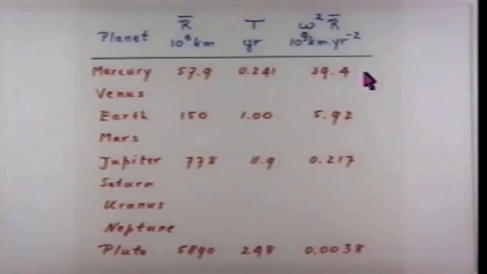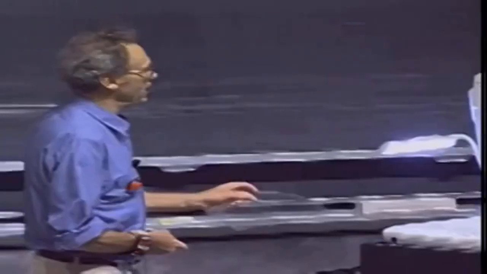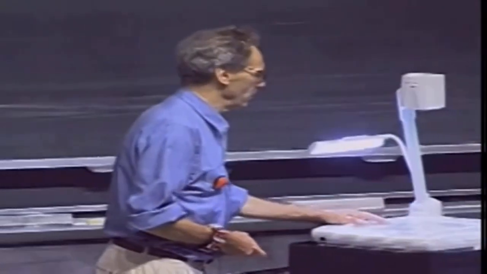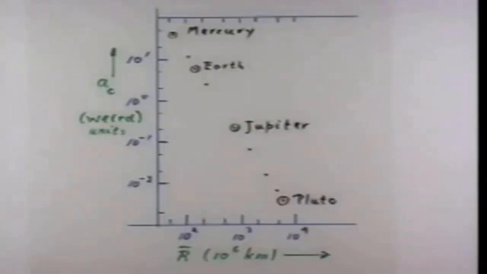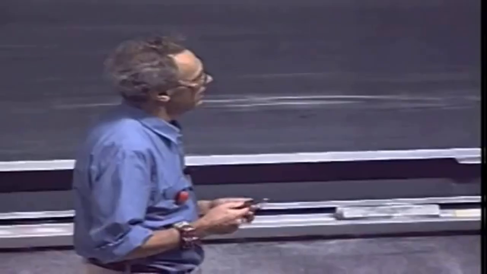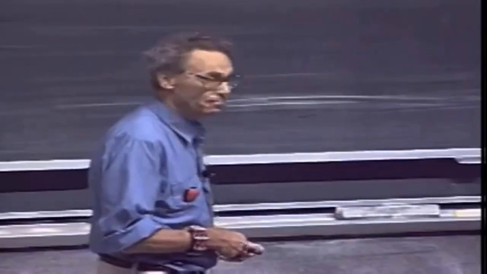So what I did was, I plotted this data, the centripetal acceleration versus the mean distance to the sun, on log paper. And what is very striking is that all these points, I've done them for all the planets, fall on a straight line.